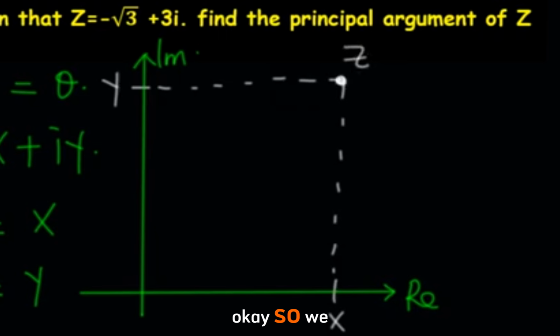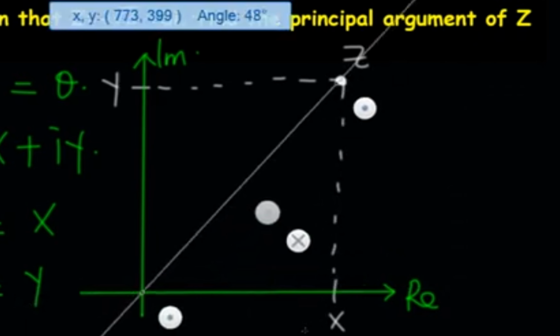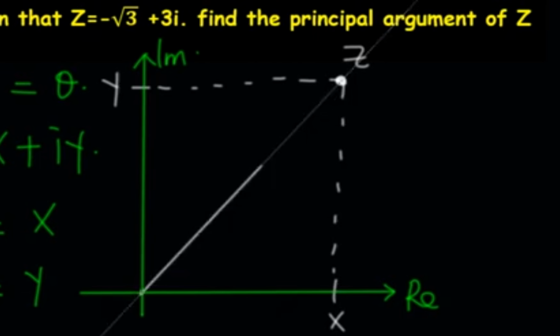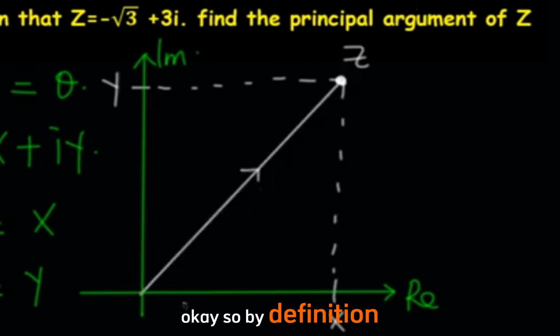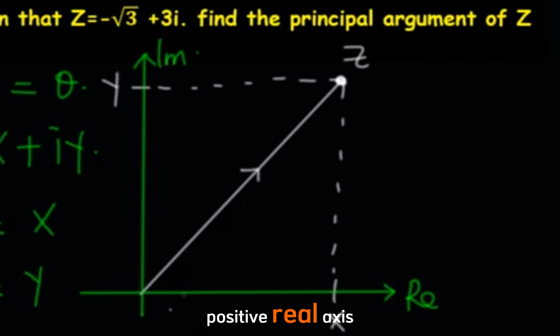So we connect the origin to z, like that. So by definition we said that the argument of a complex number z is the angle z makes with the positive real axis.